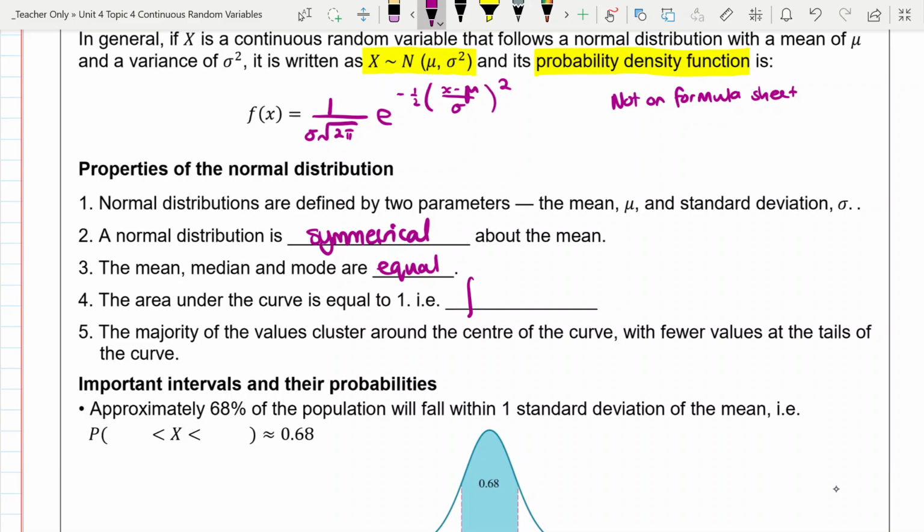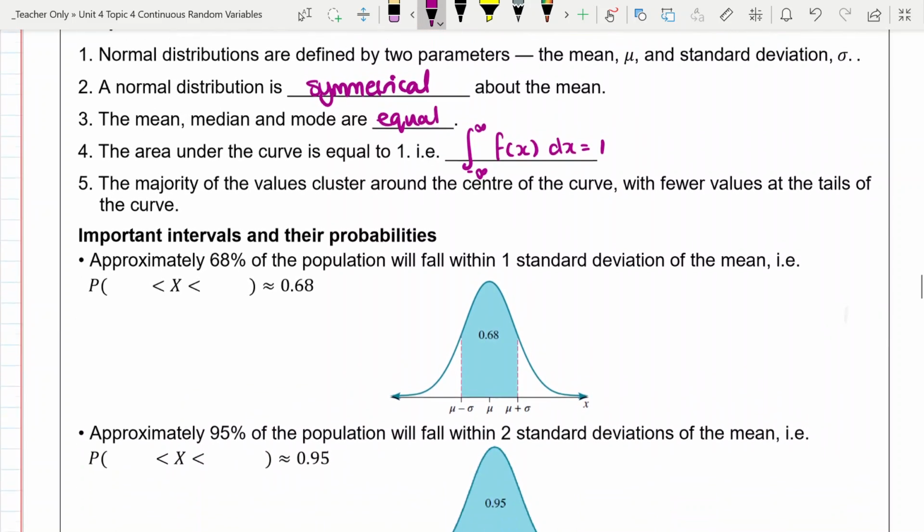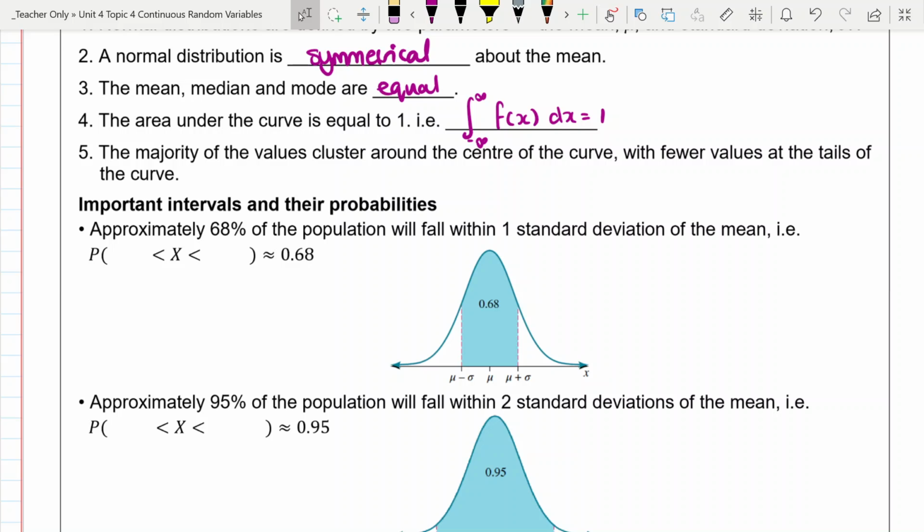We've already discussed that because we know that the area under the curve of a PDF is equal to 1. So our integral from -infinity to +infinity of f of x dx has to equal 1. The majority of the values cluster around the center of the curve, with fewer values at the tails.